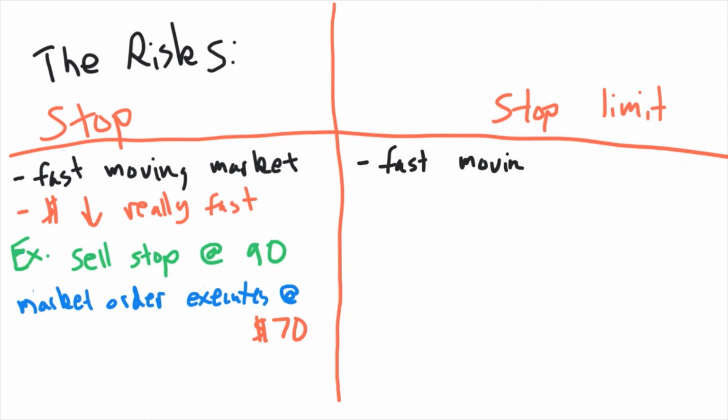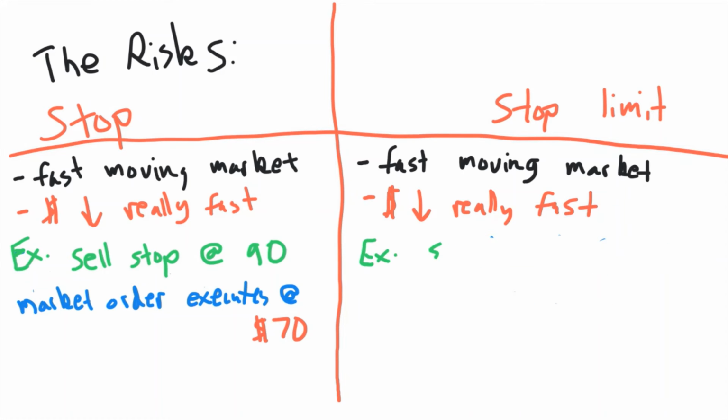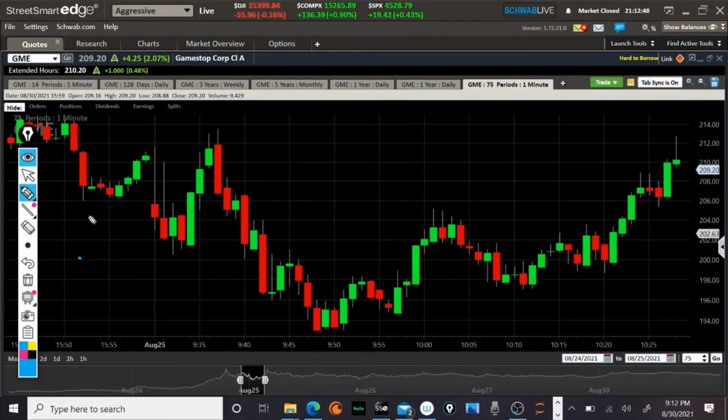And the same goes for a stop limit. There's also a risk. If the price is moving down really fast again, and let's say we're selling, the limit order may not execute at all. And so for a sell stop limit, for example, if the stop's at 90 and the limit's at 85, maybe the price drops from 90 to 70. And since the limit only sells for 85 or higher, then it might not go through.